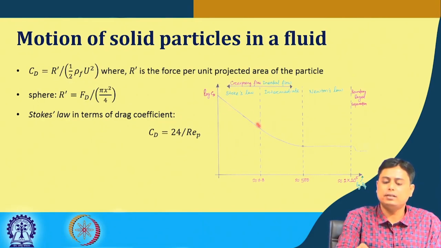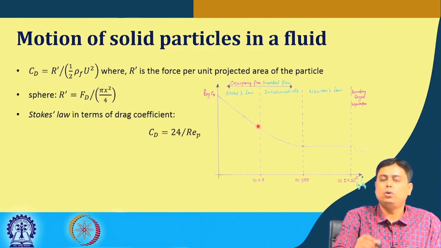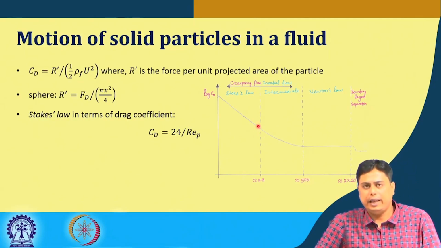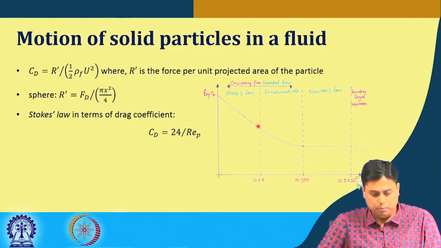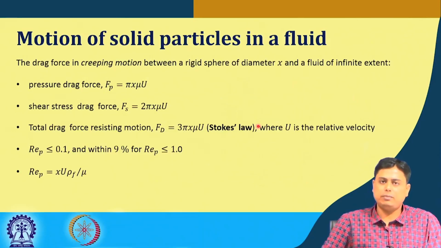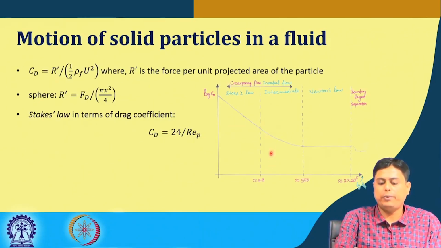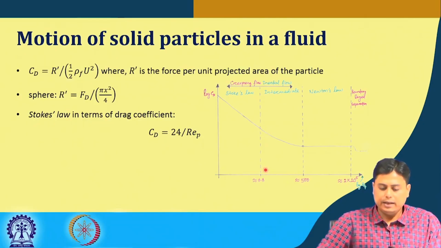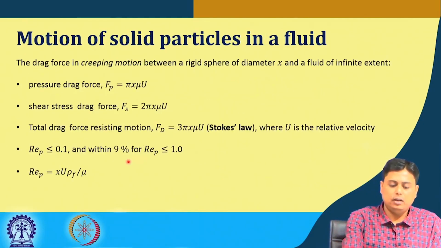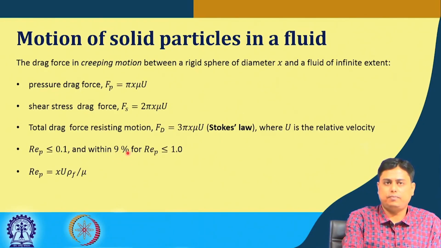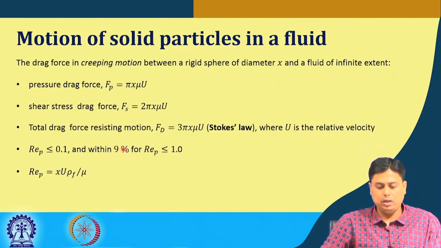As it increases, it holds true, but it gives a certain error, which is well within the acceptable limit, because till the value 1, somewhere here, the error is only 9 to 10%. Okay.